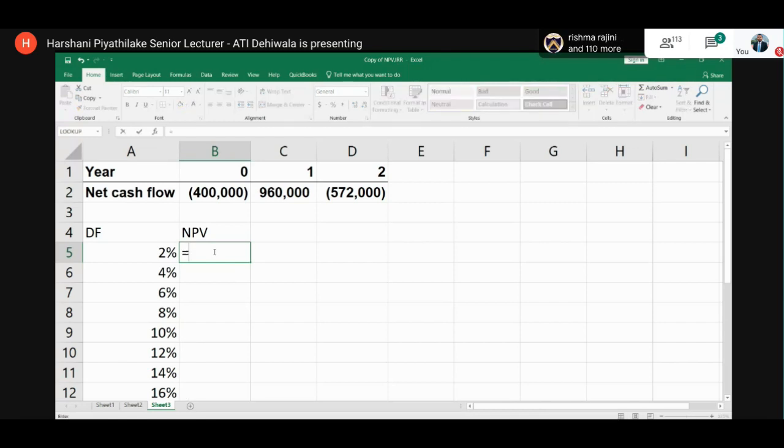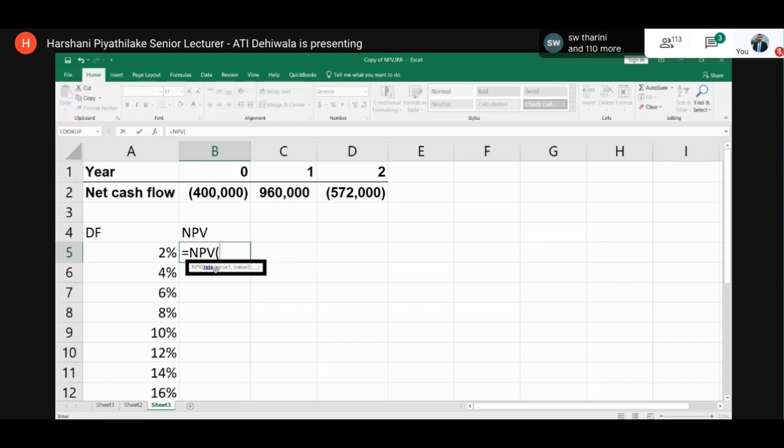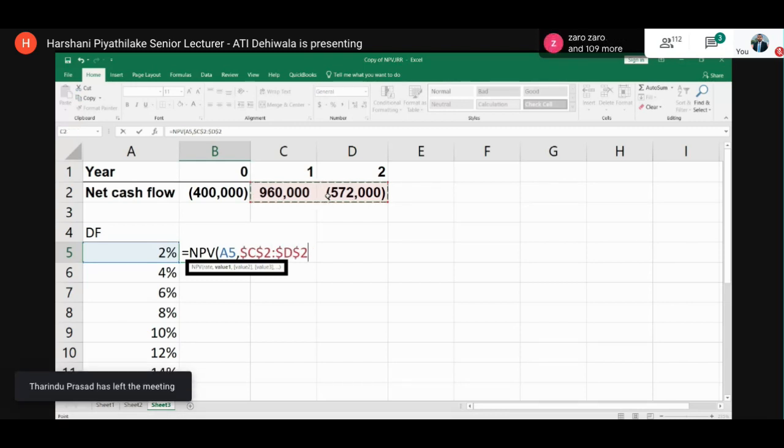We'll start equal NPV, open the bracket. You know what is the rate? Rate is 2%, comma. Select the values. You have only two values for year 1 and year 2. You all know you have to fix these two values.